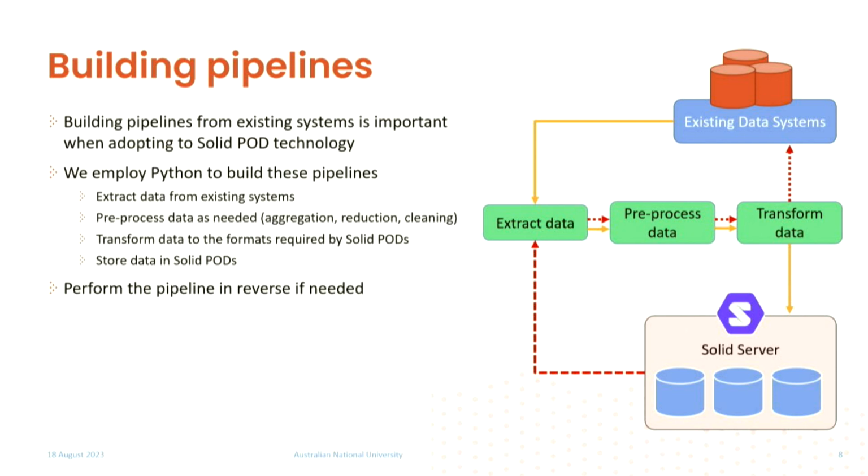Then we transform the data into these turtle formats, so RDF formats, and feed that data back into Solid servers. And this can be done vice versa as well if needed. We can extract the data from Solid servers, do the exact same thing, and feed that data into existing systems.